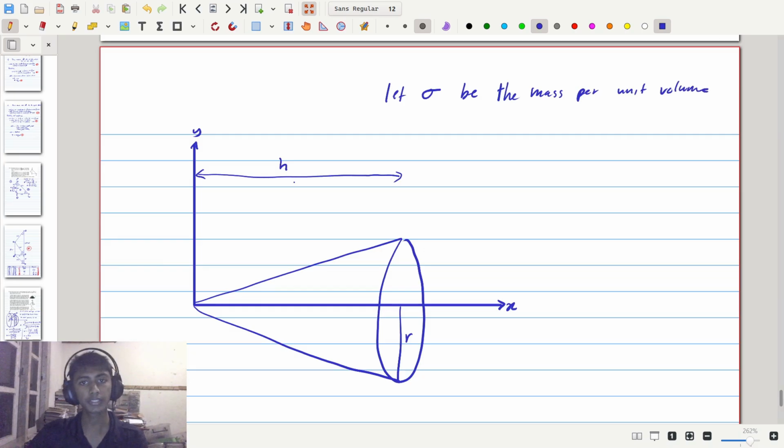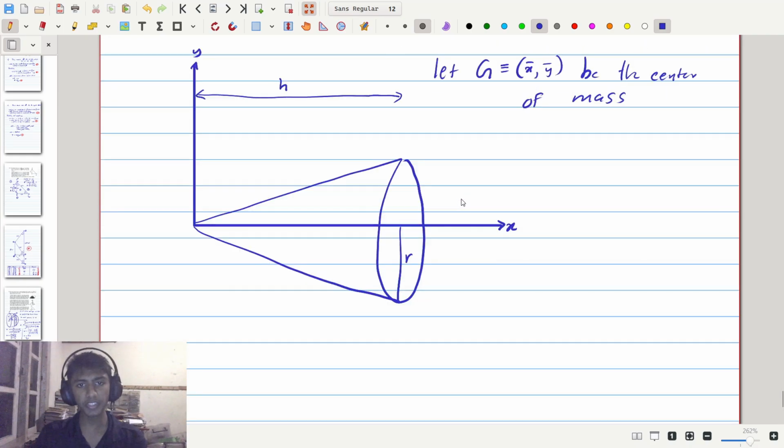Now given this, we're going to again define, like we did above, the center of mass and say let G be given by x bar, y bar.